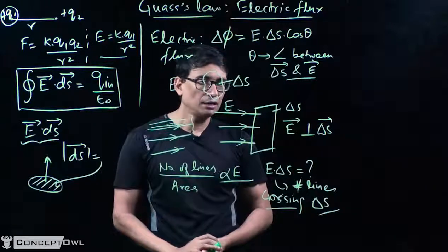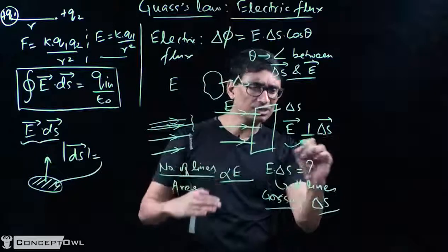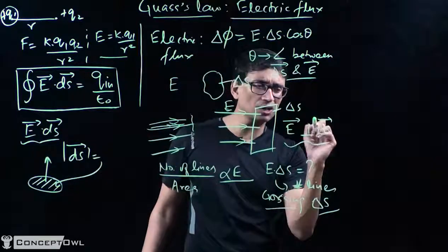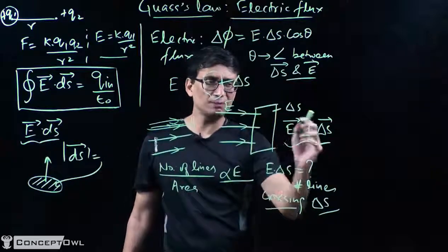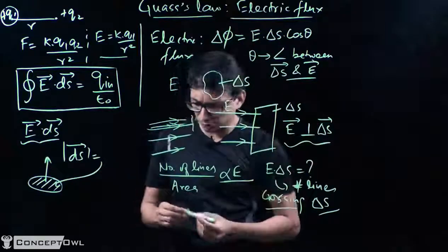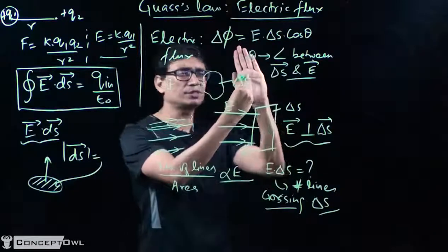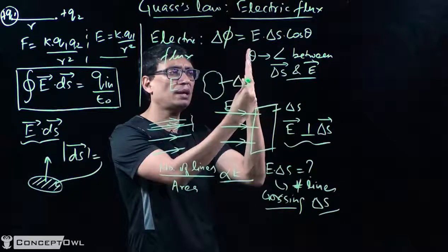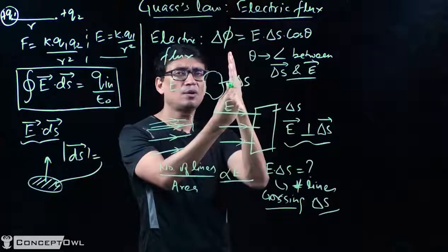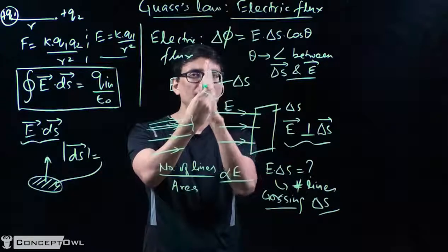Okay. Now next, what if this is not true? What if the electric field is not perpendicular to the area? Let us visualize again. Let us say this is the direction of the electric field, and I have my hand held like this. Now if I start changing the direction of my hand, now I've moved it by 90 degrees.